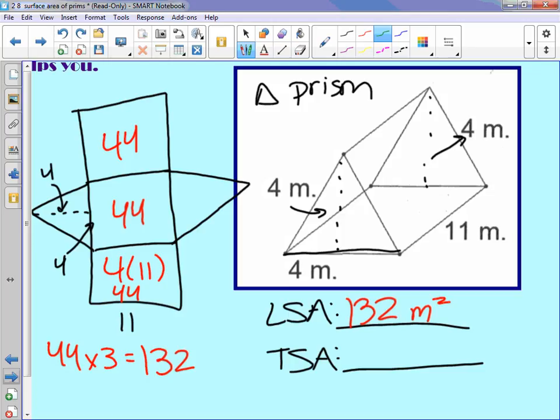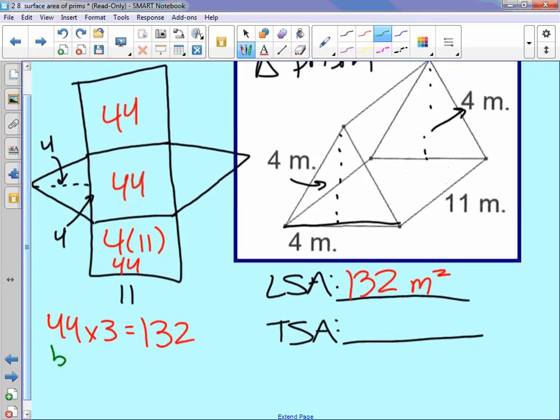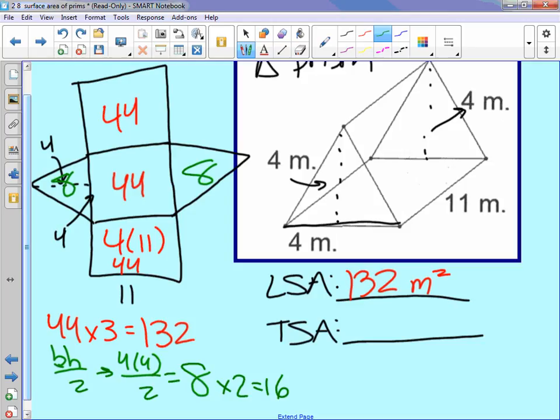How do you find the area of a triangle? 8. 16 times 2. So 16 equals my bases.